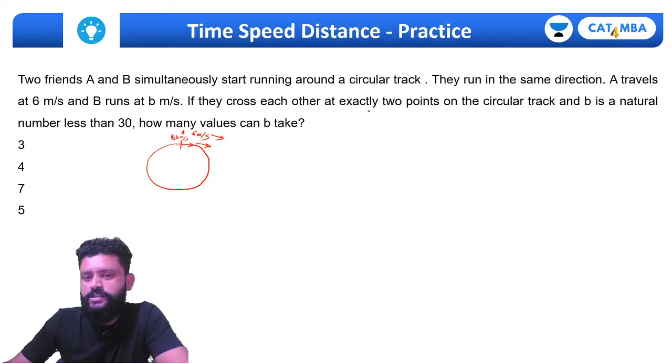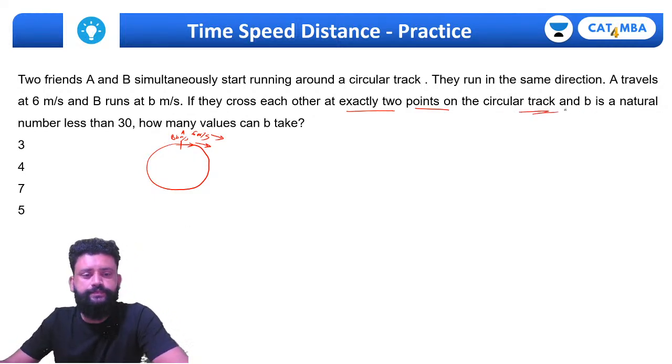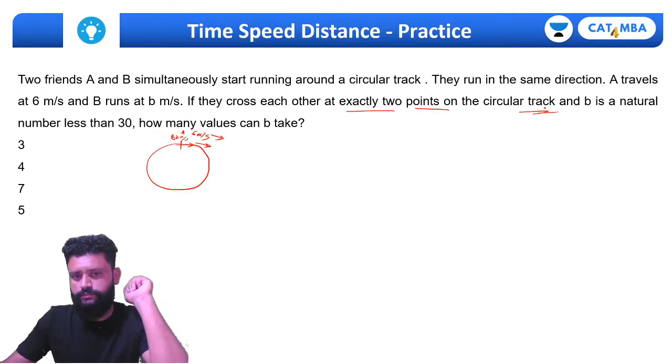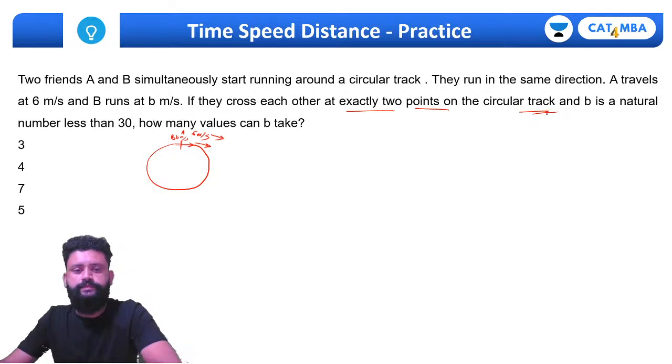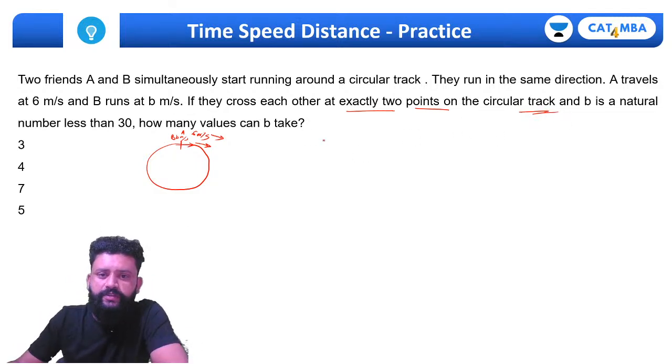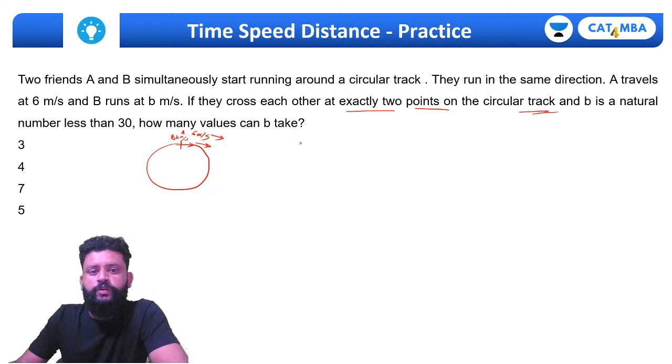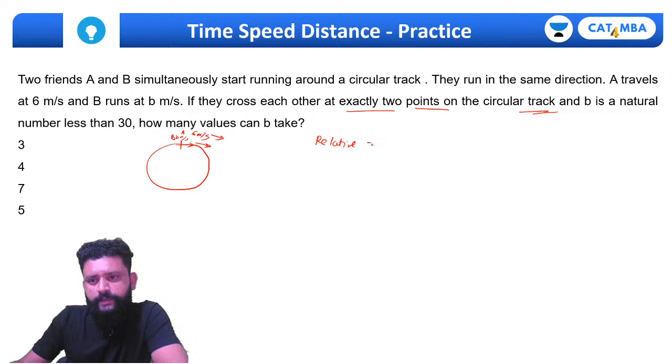They should cross each other at exactly 2 points of the track. So if I want to take the relative speed here, it will be either b minus 6 if b is more, or if b is less, it will be 6 minus b here.